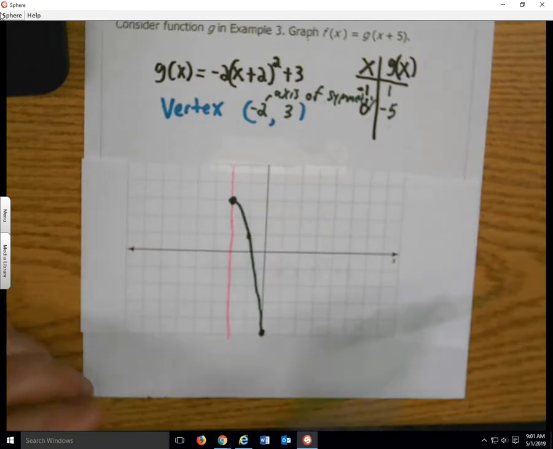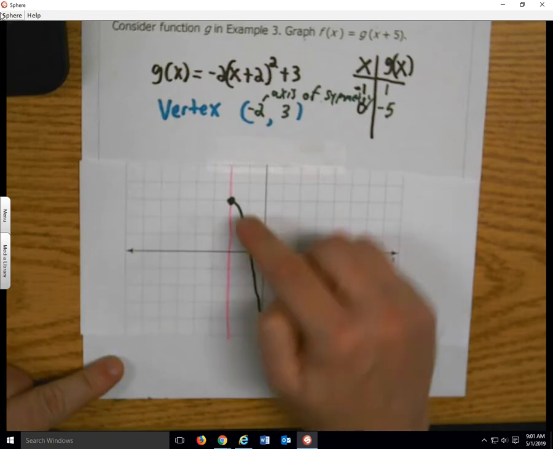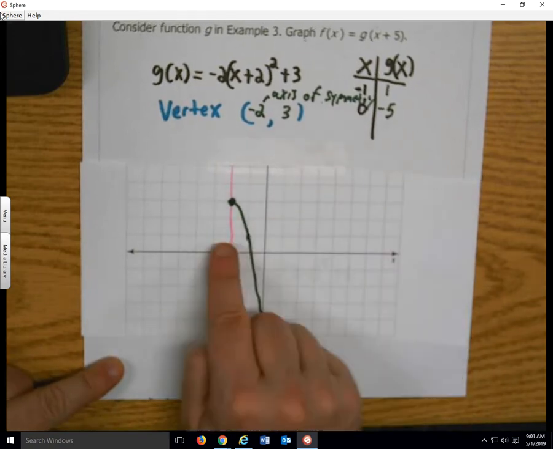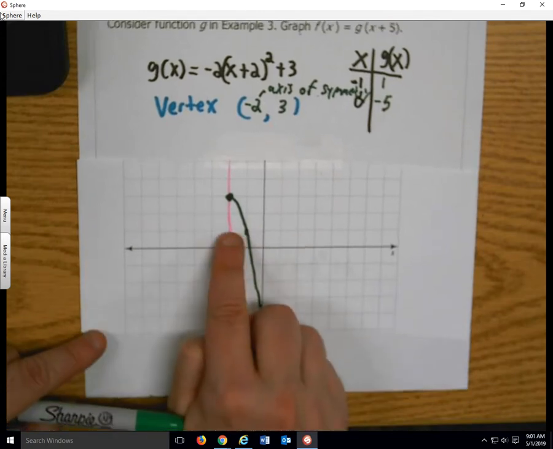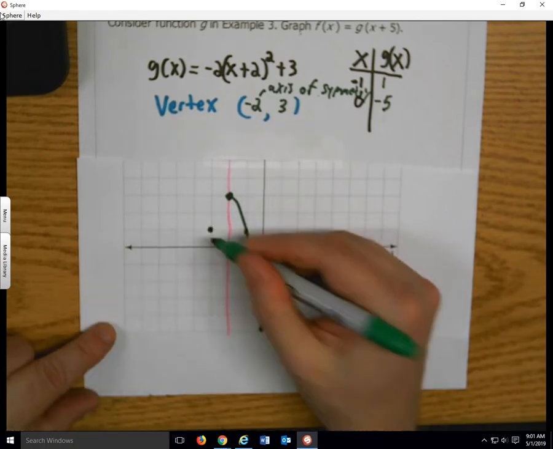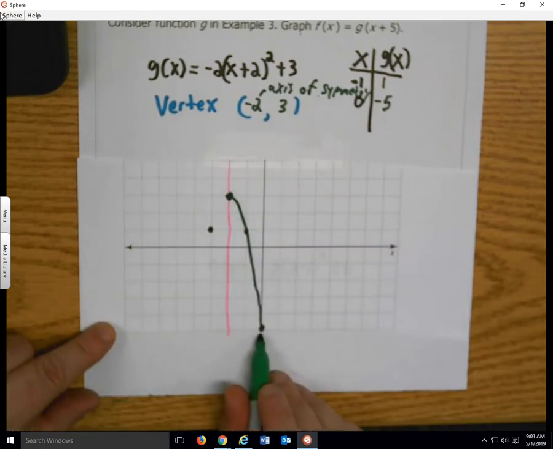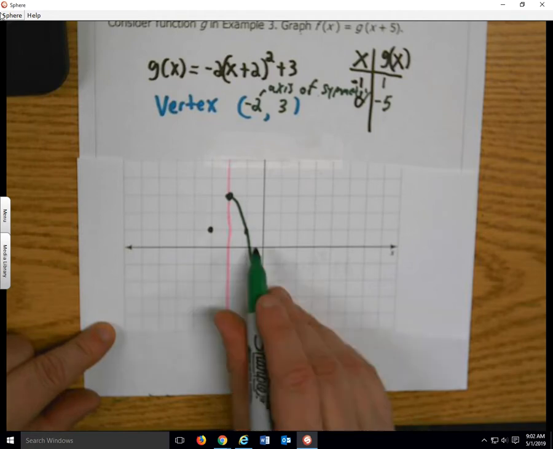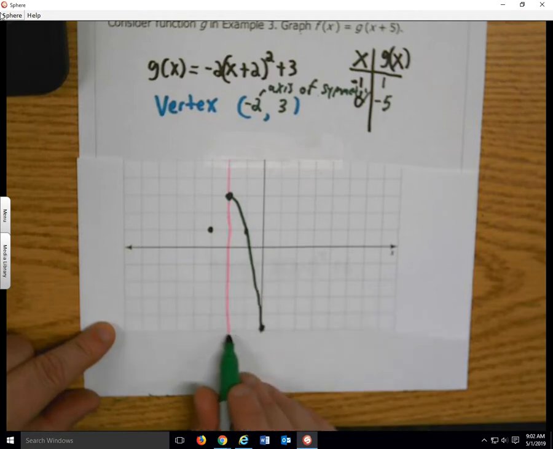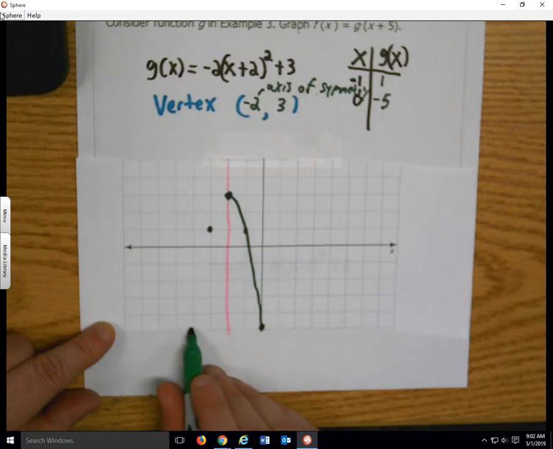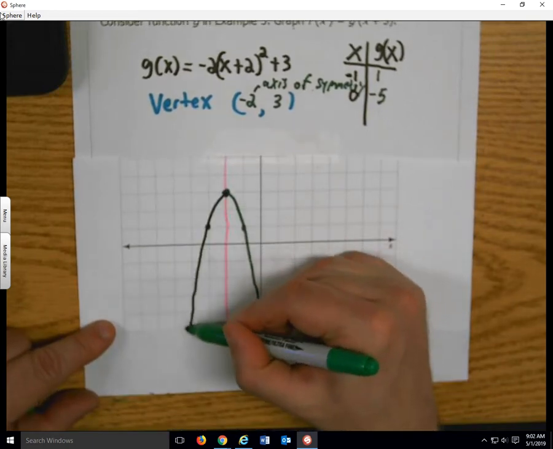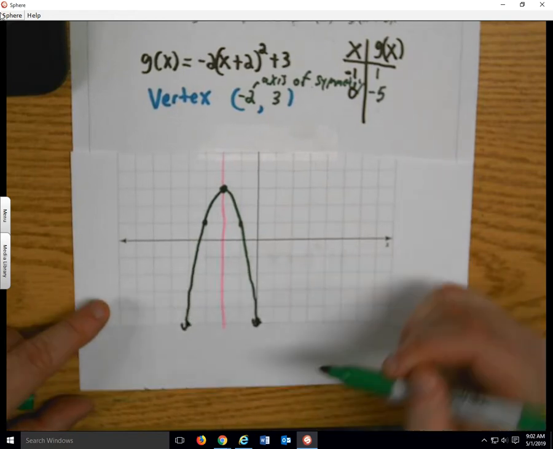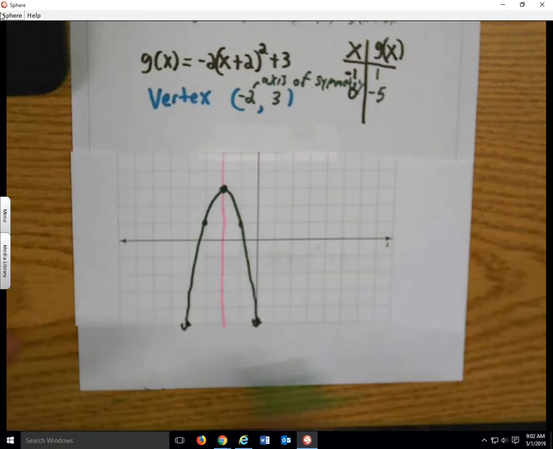So if this plotting point is 1 to the right of the axis of symmetry, then on the other side, it would be 1 to the left. If this one over here, that's 5 down, is 2 away to the right, then to be symmetric, you just go 2 to the left, and we have the other half of our parabola.